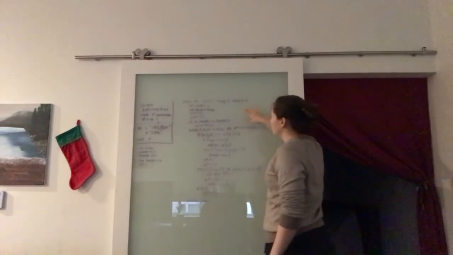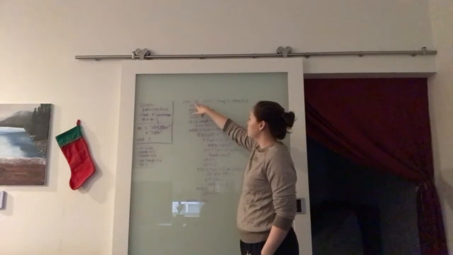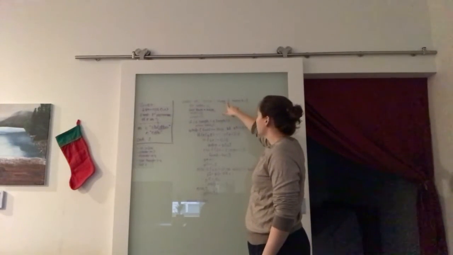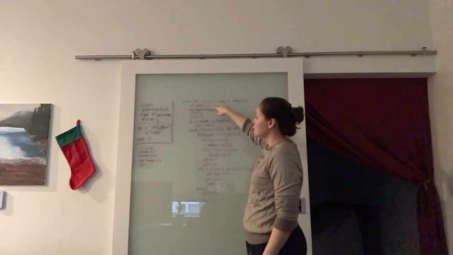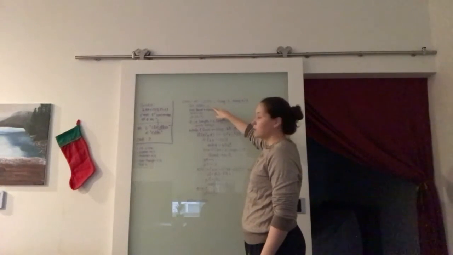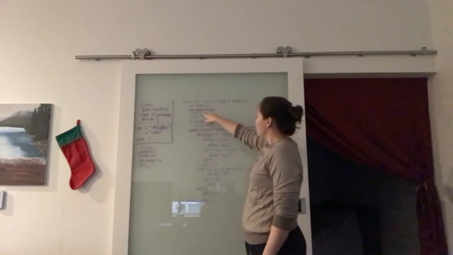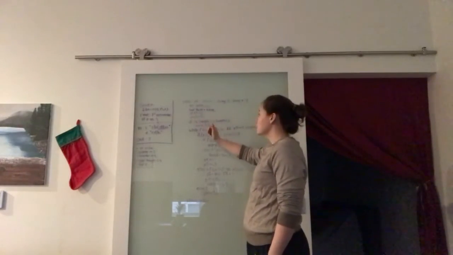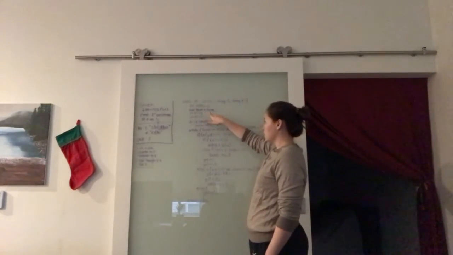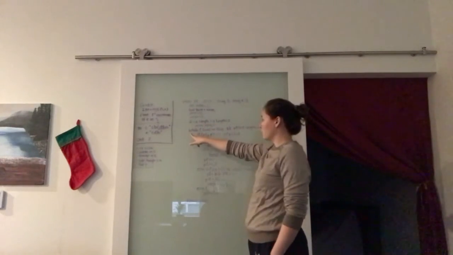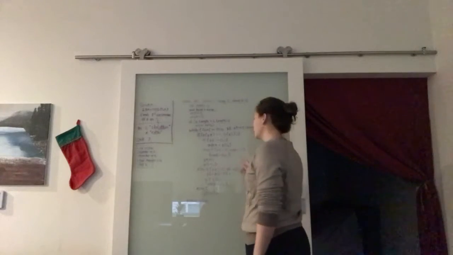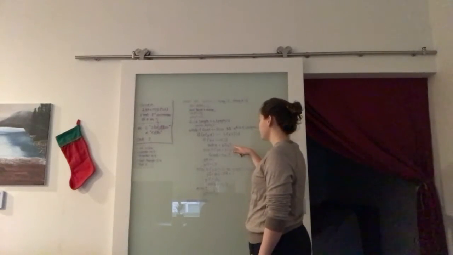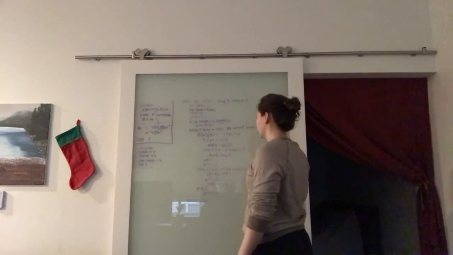I had written the method, so we're returning an integer. We're taking in string s and string x. I've initialized the index to -1. I have a boolean called found, initialized to false for our while loop, so that we can end the while loop if we find x in s.